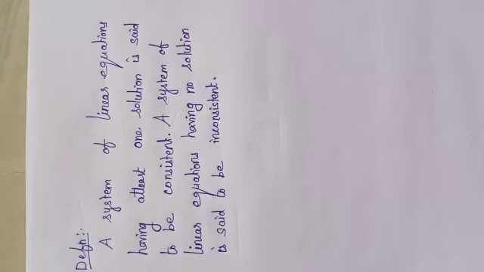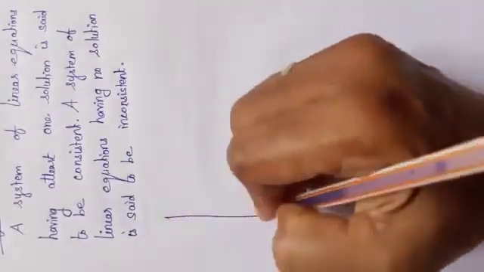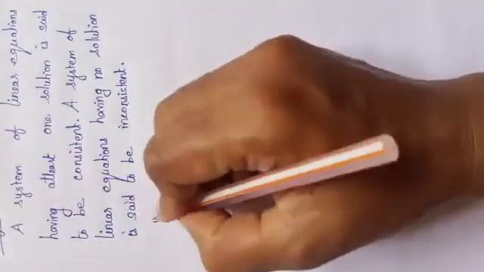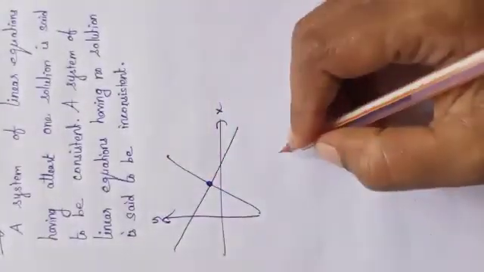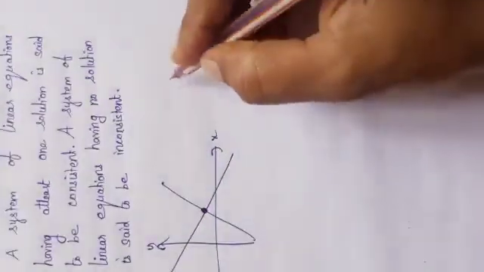When will we get no solution and when will we get a unique solution? See, when we draw a graph, this may be the x-axis and this the y-axis. When two lines intersect at a single point, we say this is a unique solution.